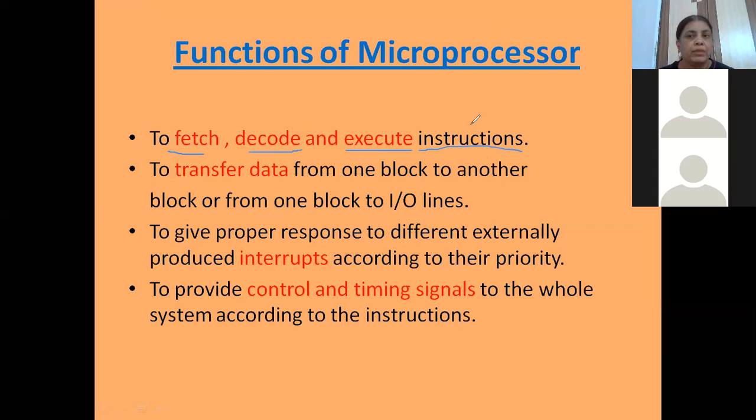Instruction is in memory, permanently stored in memory. Just like your 8085 microprocessor, you have how many instructions? 74 instructions. That is your second chapter part. You have 74 instructions, and all are stored somewhere in the ROM. Permanently, it is done by the manufacturer.